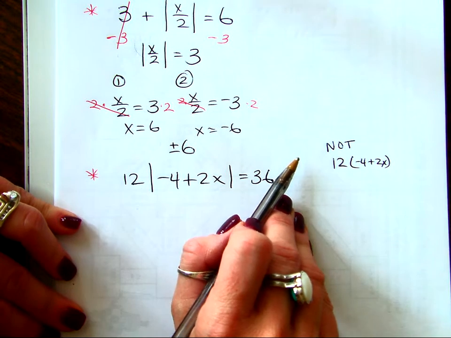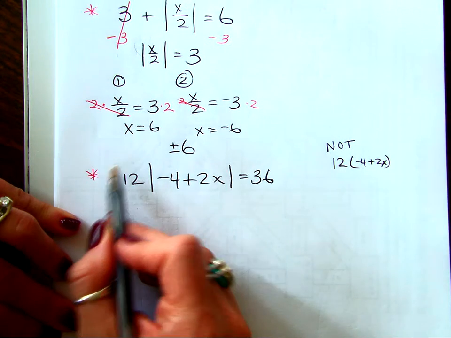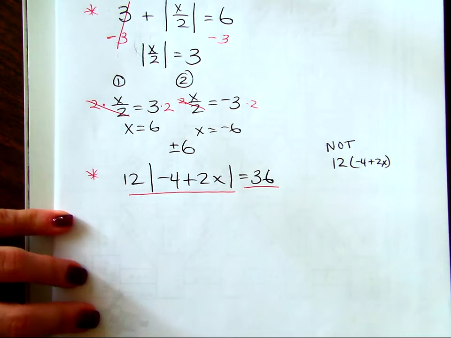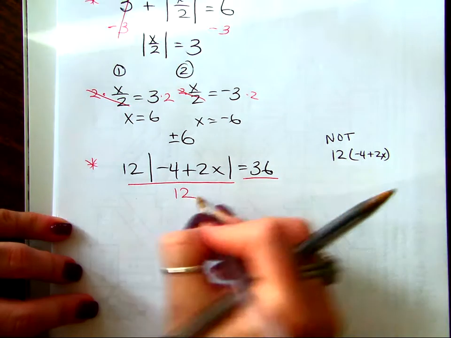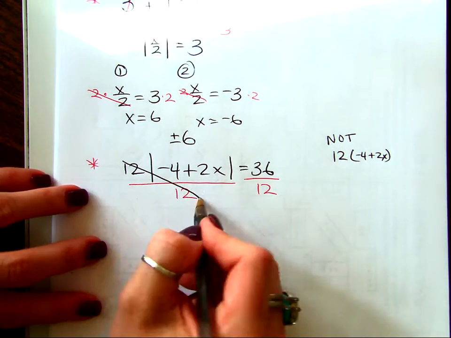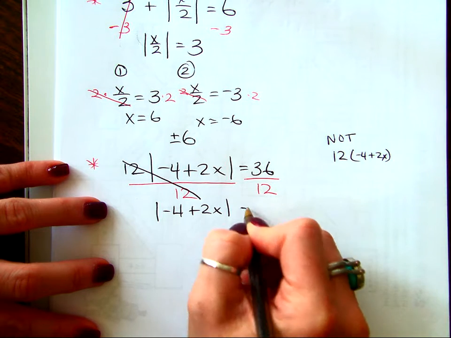Let's multiply those, right? So what does it mean when there's no sign there? It's being multiplied still, right? What's the opposite of multiplying? Dividing. So I want to get rid of that 12 first. And when I do, I'm left with a negative 4 plus 2x equals 3.